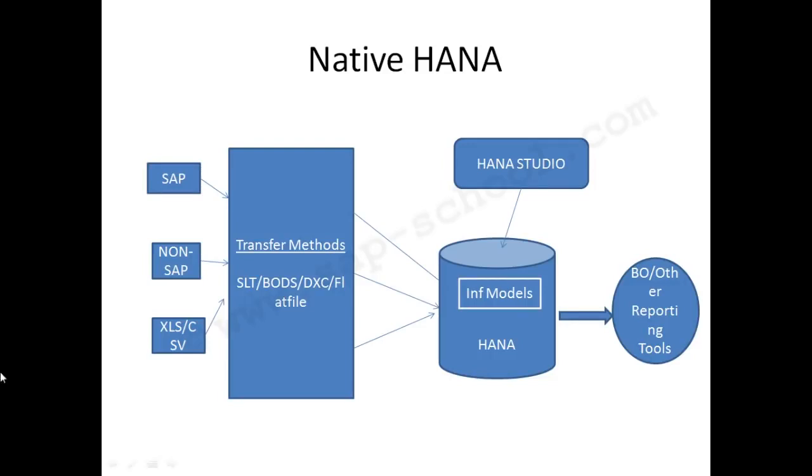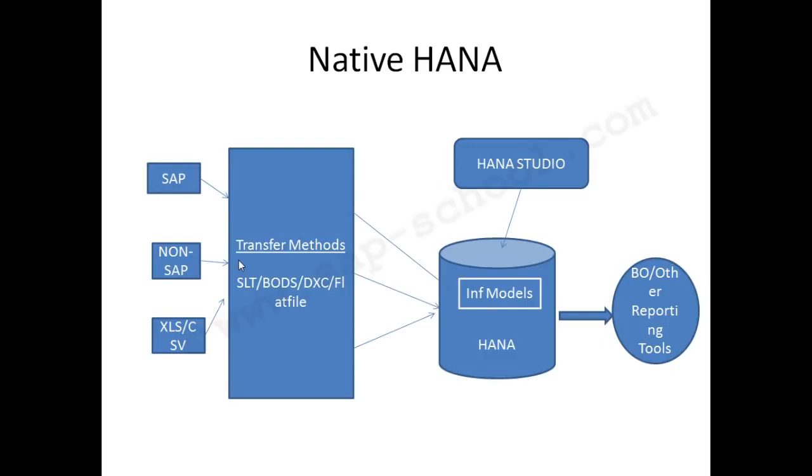Then we have the Business Objects Data Services. We use Data Services to transfer data as well. And then we have the DXC, which is the Direct Extractor Connection, which is nothing but, in SAP, we have SAP delivered data sources which are a replica of the database tables.